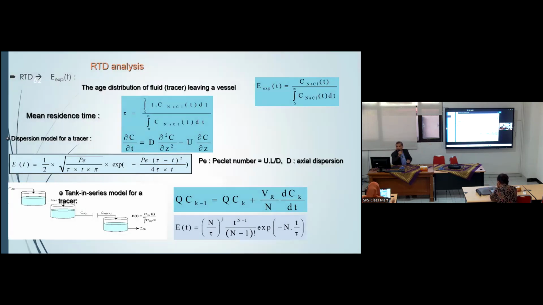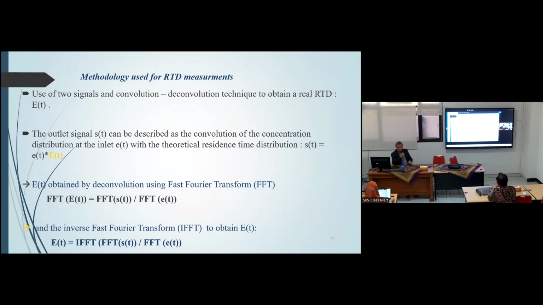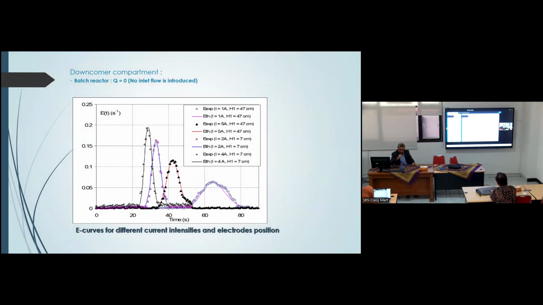So this is the equation, and this is the methodology I just explained. We have the signal at the outlet of the reactor. Our tracer is a direct tracer.